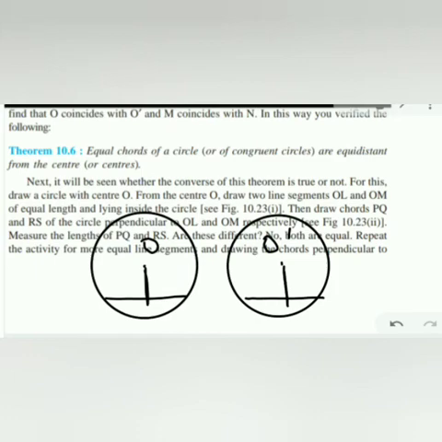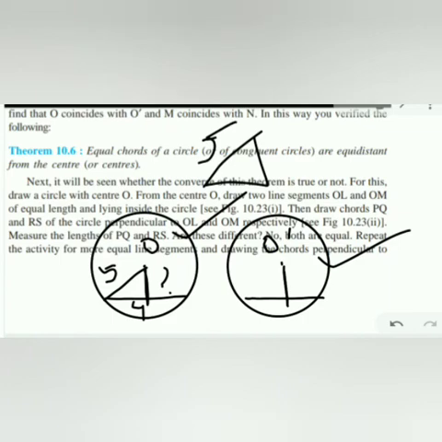If they give this one as 5 centimeters, suppose, and this one as 4 centimeters, then we have to find the third side, and they will ask us to find the distance of the chord from the center of both circles. Find this one and this one too. Then we apply the Pythagoras law, with that side as 5 and this one as 4. So 5 square makes 25, and 4 square makes 16, and that is the plus of this unknown side.